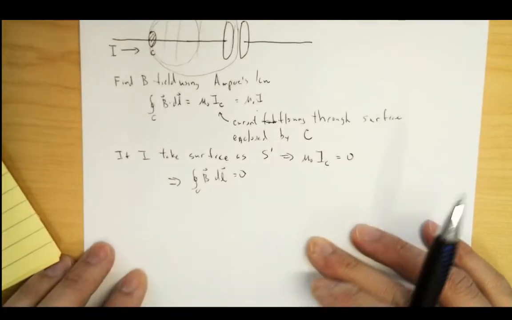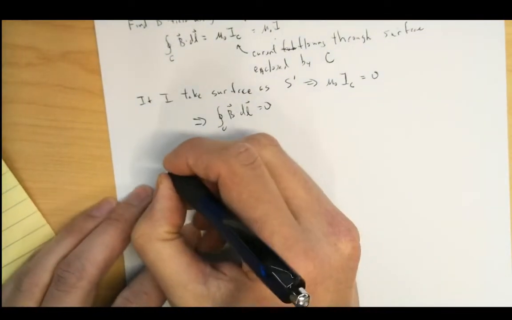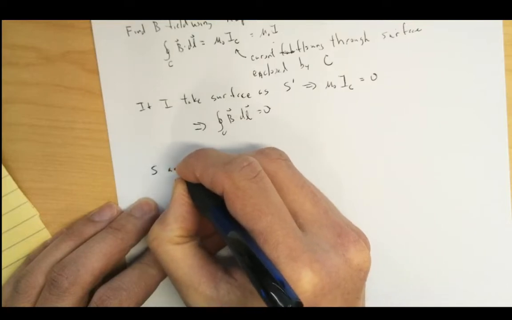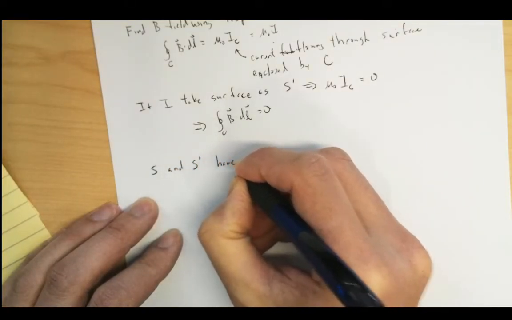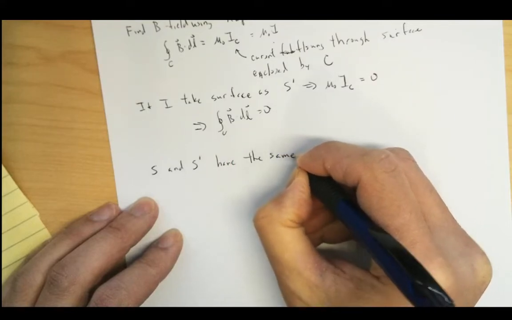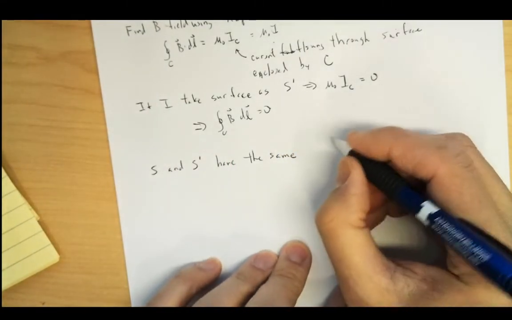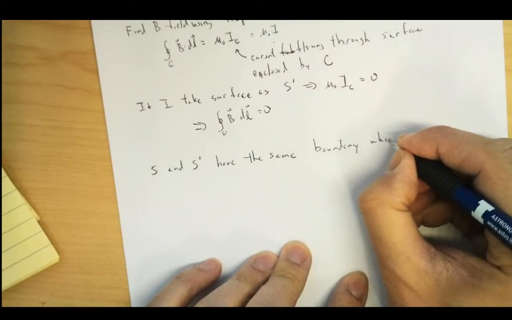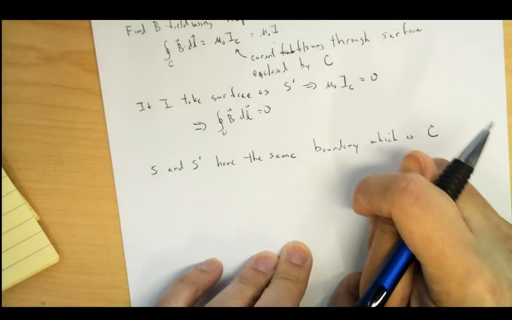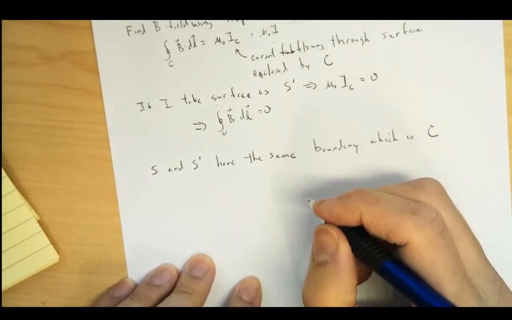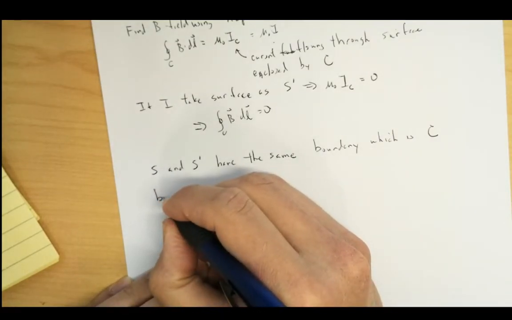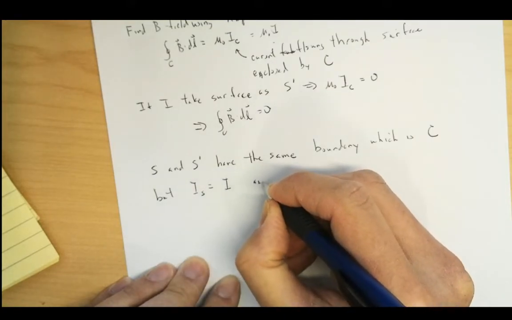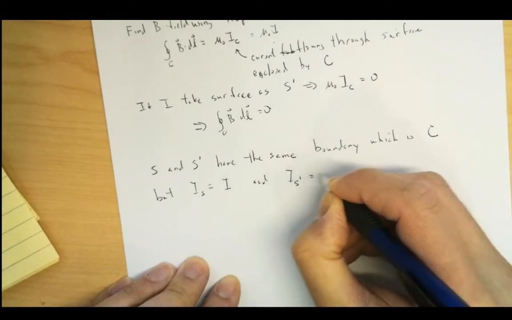So what that means is that I'll call this surface here S. S and S prime have the same boundary, which is C. But I of S is equal to I, and I of S prime is equal to 0.